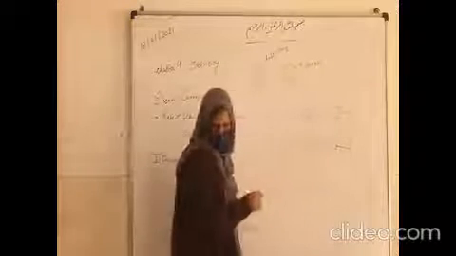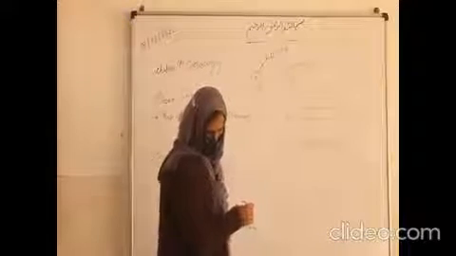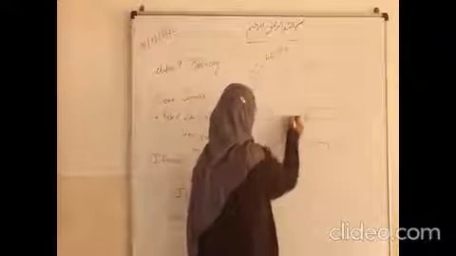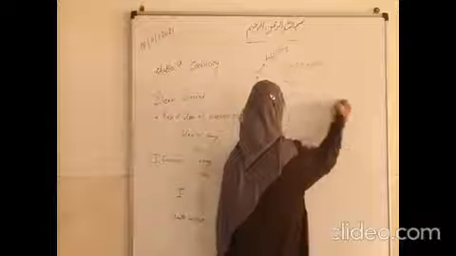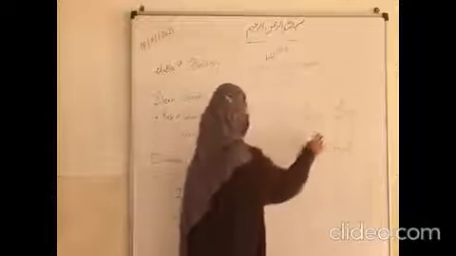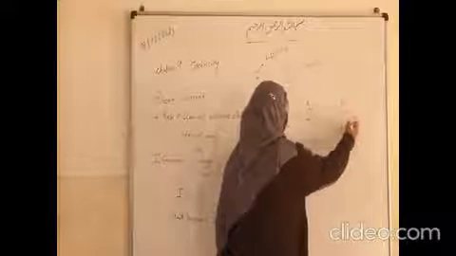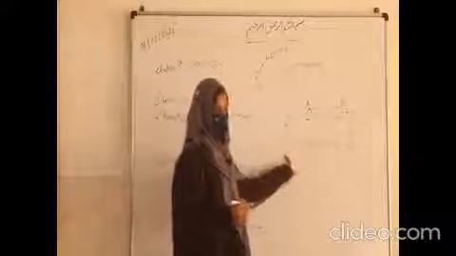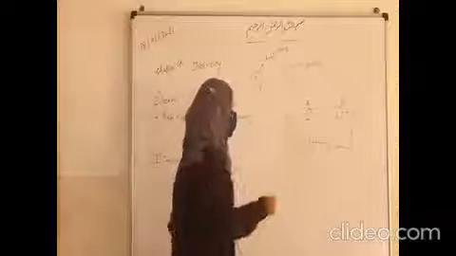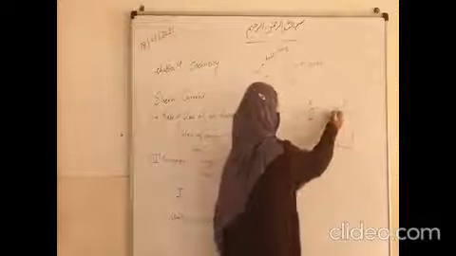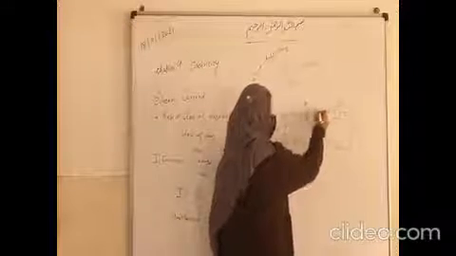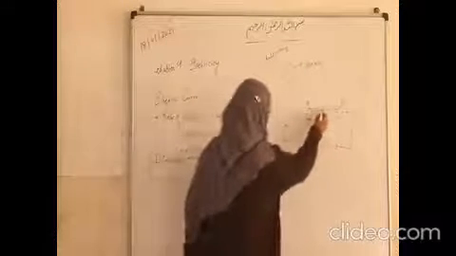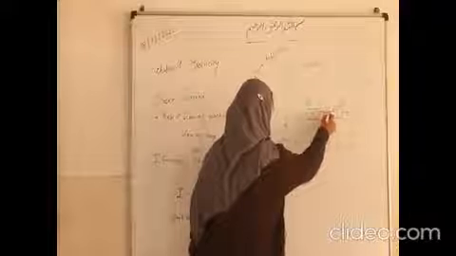This is your A and B. Current is flowing from here, which means that your electron is flowing from B to A. This is the direction of flow of current, so electron is moving from B to A. Like this they are moving. Let me show the direction.